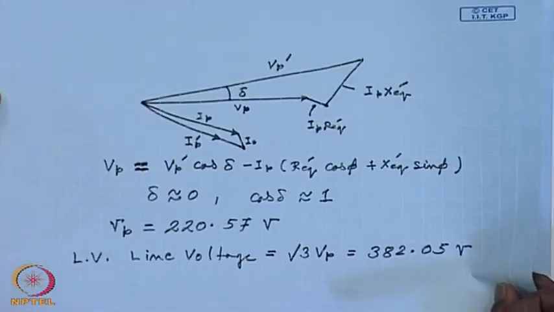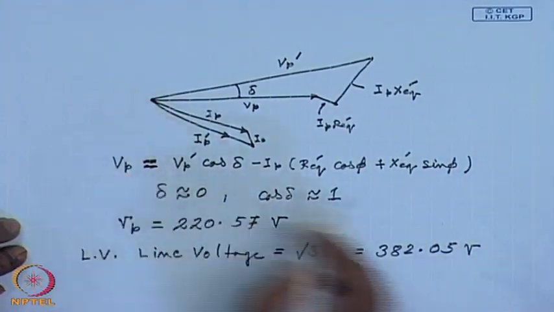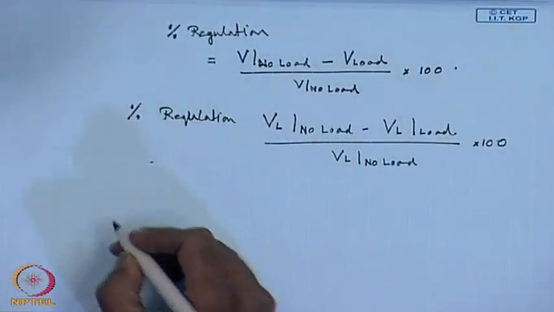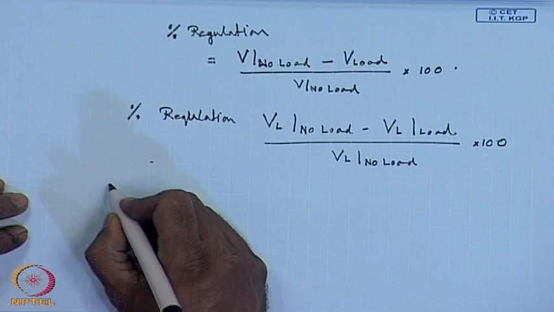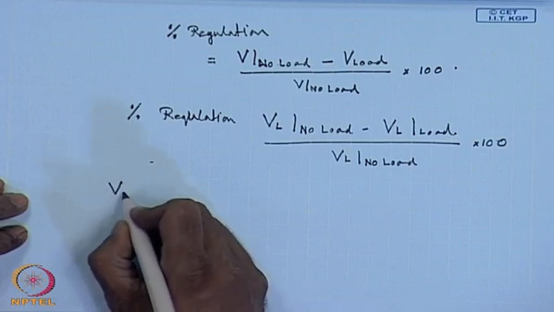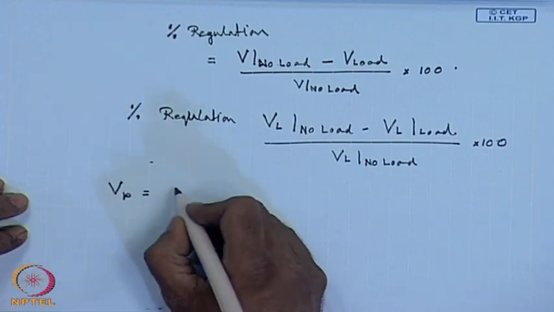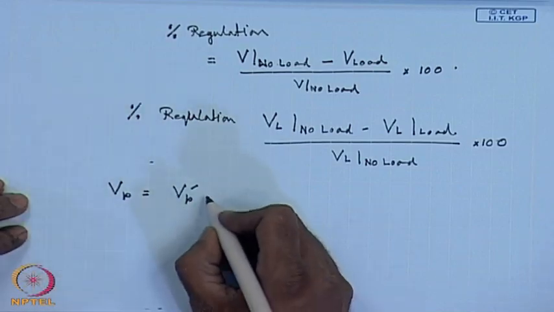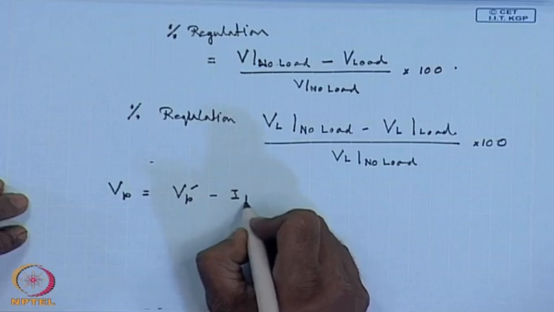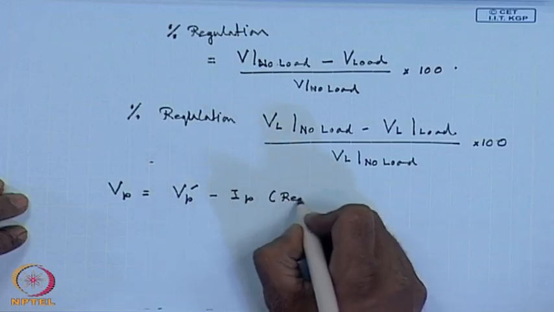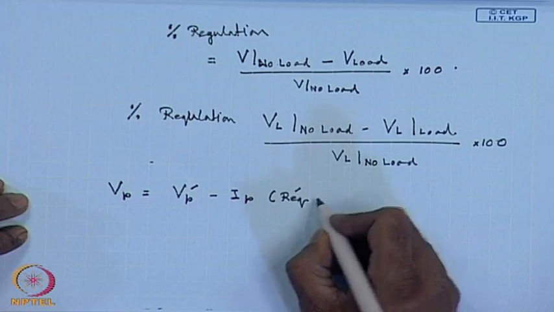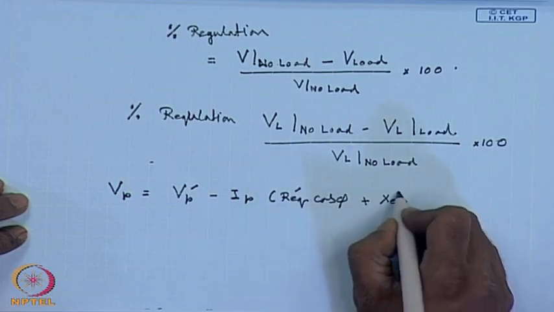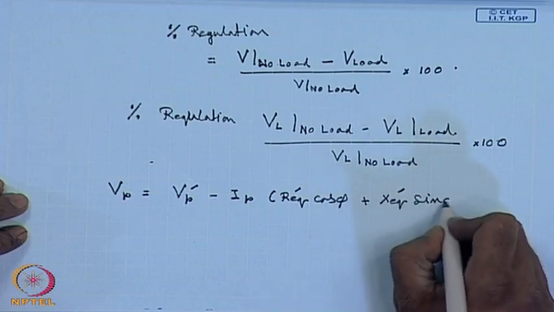The loaded terminal voltage was given by V p equal to this. Following that, the loaded phase voltage V p equals the no load phase voltage V p dash, which is the applied voltage, minus I p times R e q cos phi plus x e q dash sin phi.